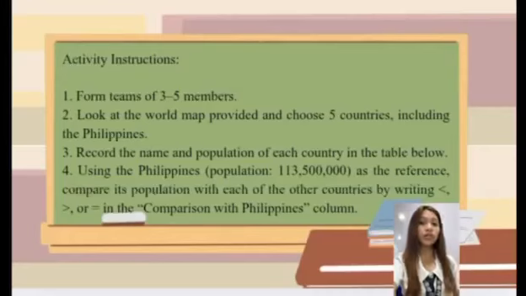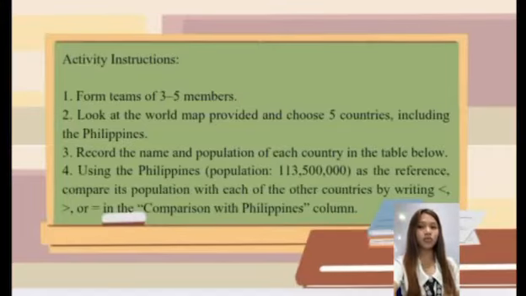So for the instructions, first, we will form a team with 5 members. Next, they will look at a world map that is provided, and then they will choose 5 countries in total, including the Philippines. After that, they will write the name of each country and its population in a table.